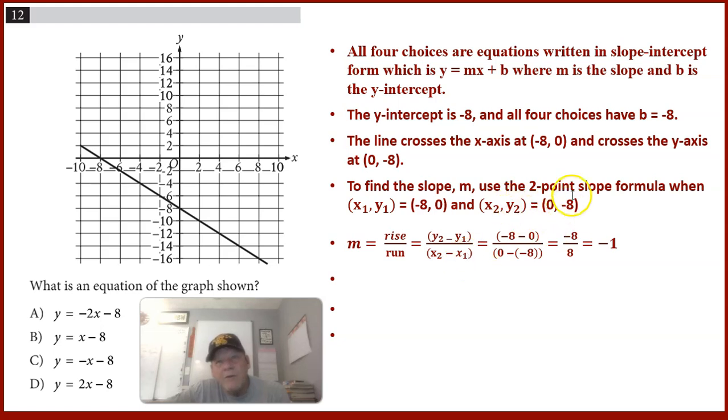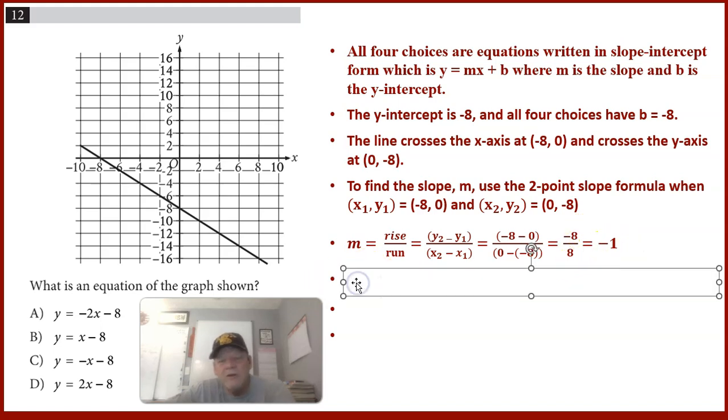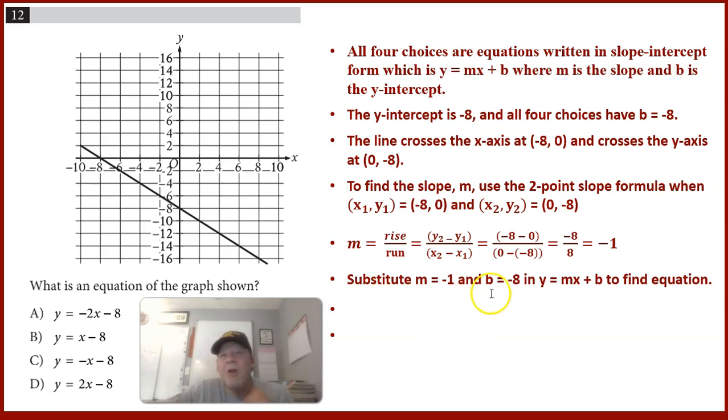My y2 is my negative 8 minus my y1 is 0. And then my x2 is 0 minus a negative 8. Minus a negative becomes plus. It's a positive 8 in the denominator. Negative 8 minus 0 is a negative 8. A negative divided by a positive is negative 1. So I have to look through and find the one that has a slope of negative 1 and a y-intercept of negative 8.